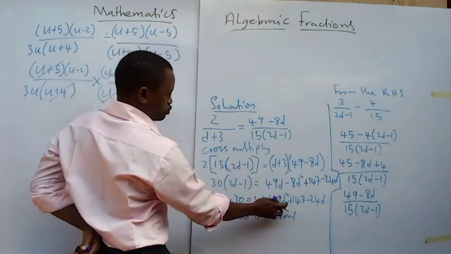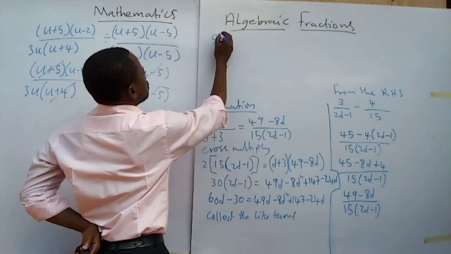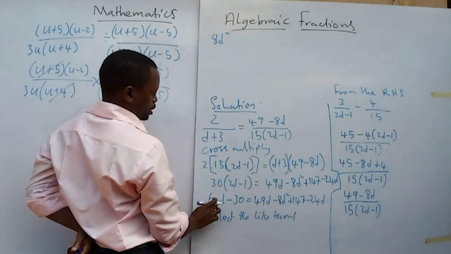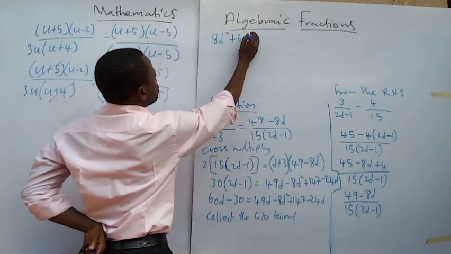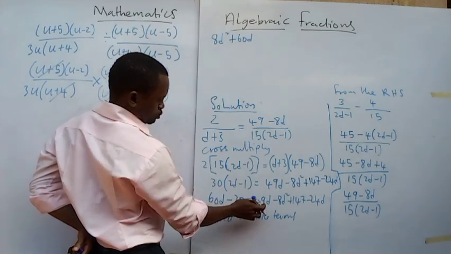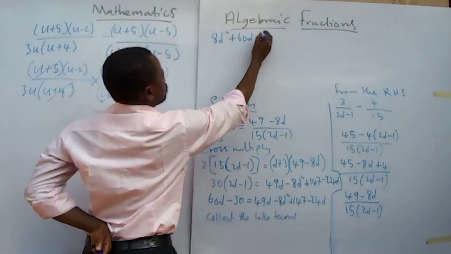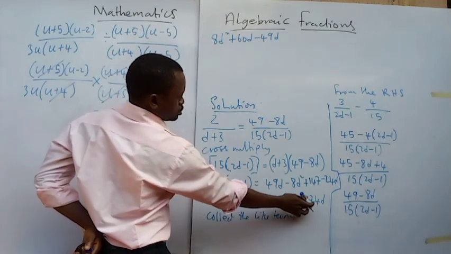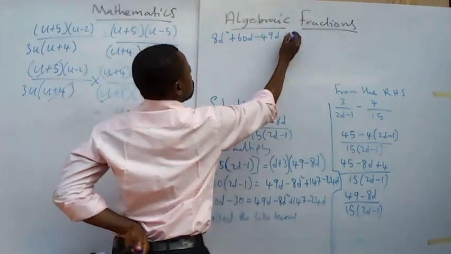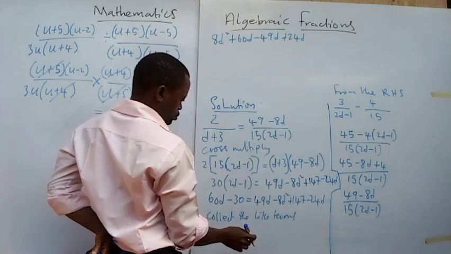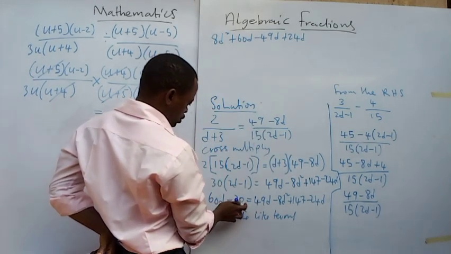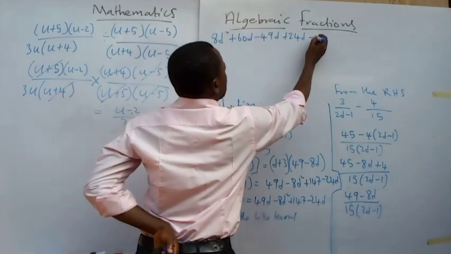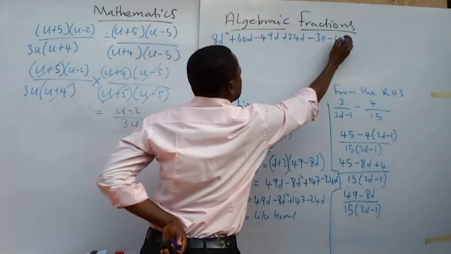First of all, 8d squared coming over here, then followed by plus 60d, and then all the d's follow. Then this will become minus 49d. This is minus 24d, so it will become plus 24d. Any other d? No. Minus 30, then minus 147.